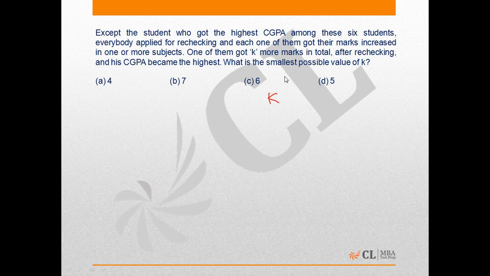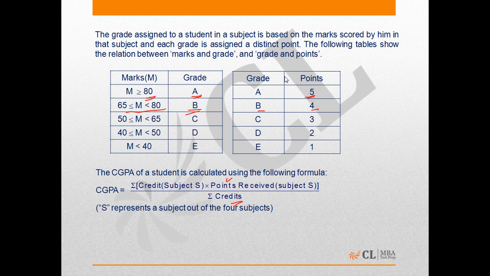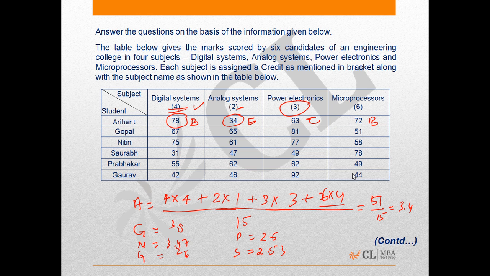So first of all, let's check the CGPA. The highest CGPA is of Gopal, which is 57/15, and the second highest is of Nitin, which is 52/15, and next one is of Arihant, which is 3.4.